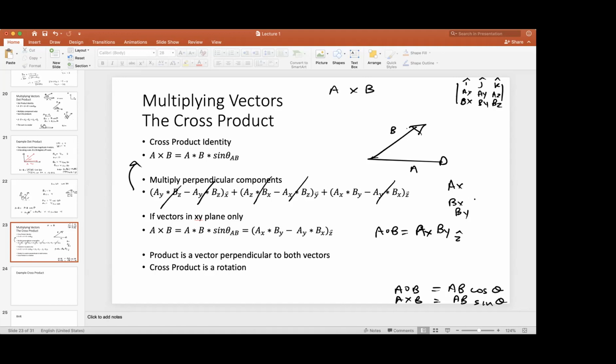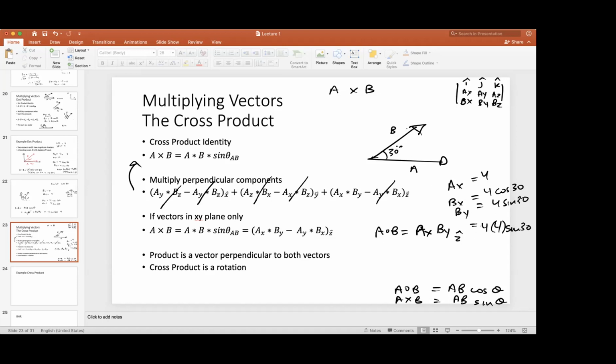But Ax and By, remember that we said these were 30 degrees apart and they were each 4. So this is 4 cos 30, 4 sine 30, and the magnitude of Ax was 4. So this is 4 times 4 sine 30. And it's positive.